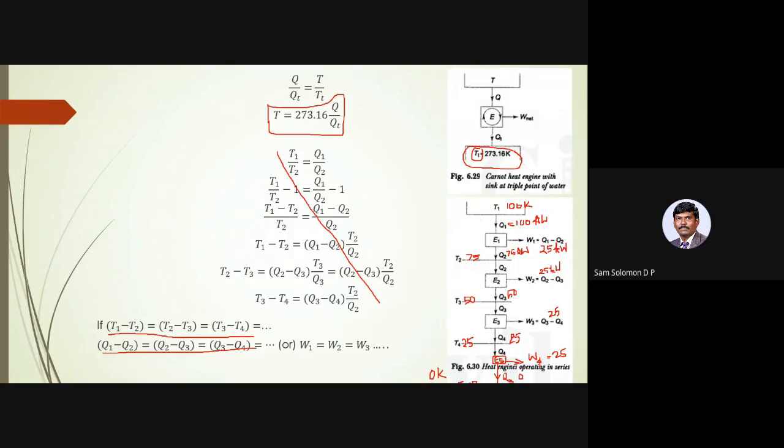So if your heat rejection is 0 and your sink temperature is also 0, it tells us that you cannot have a series of heat engines where the final sink temperature is 0 Kelvin. And that is called the third law of thermodynamics.